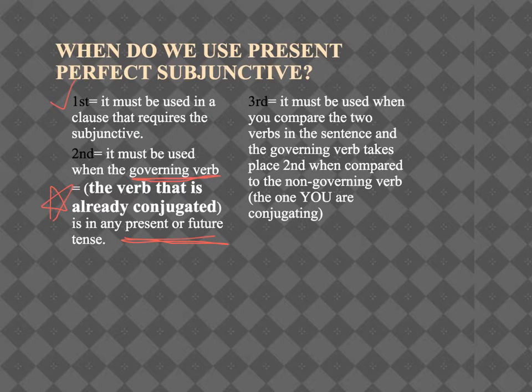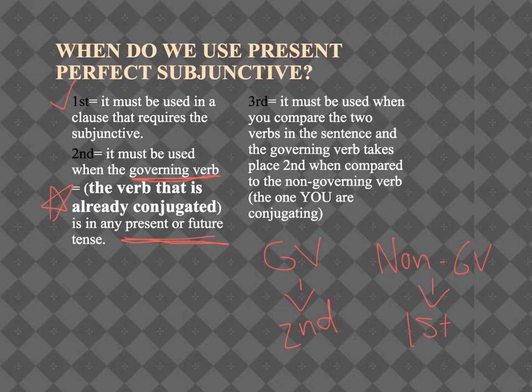And then third, you have to get used to comparing the 2 verbs in the sentence. Your governing verb, comparing that to your non-governing verb. When you compare those, the use of the present perfect subjunctive will happen when the governing verb takes place second in comparison to the non-governing verb, which takes place first.